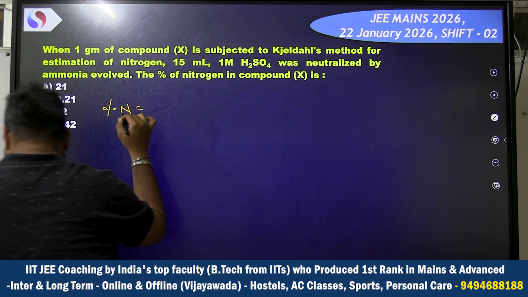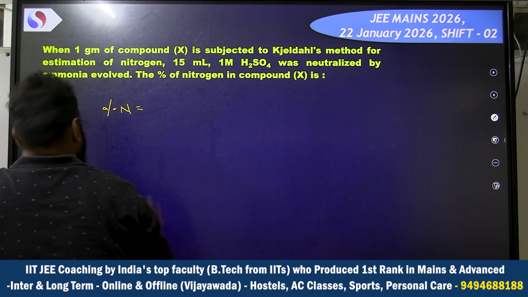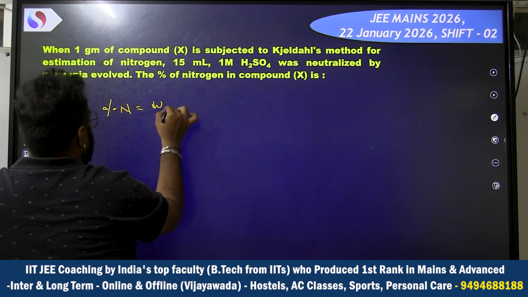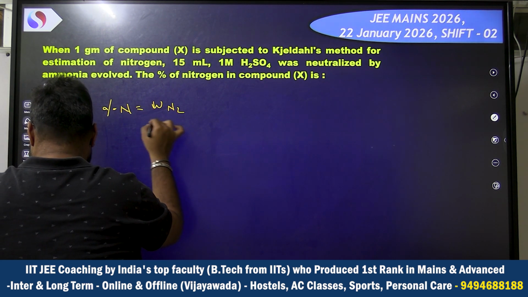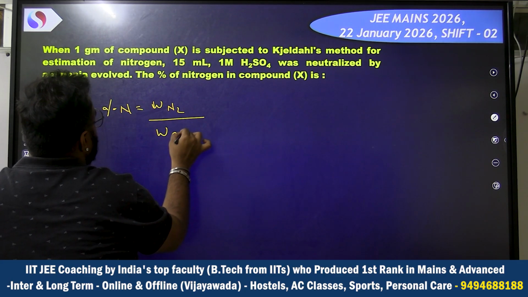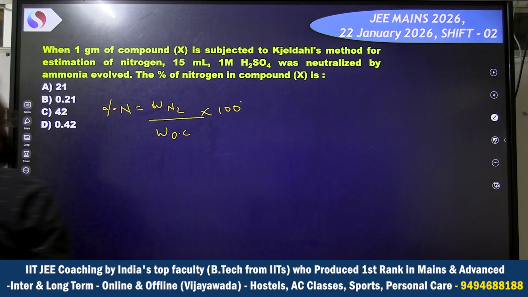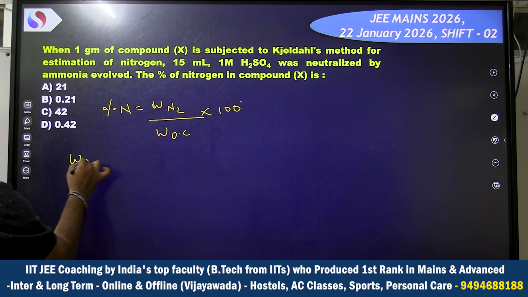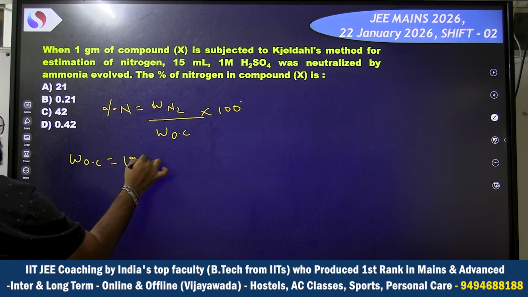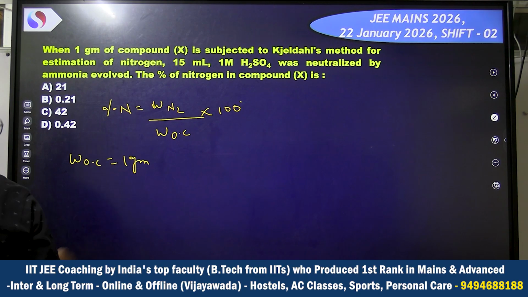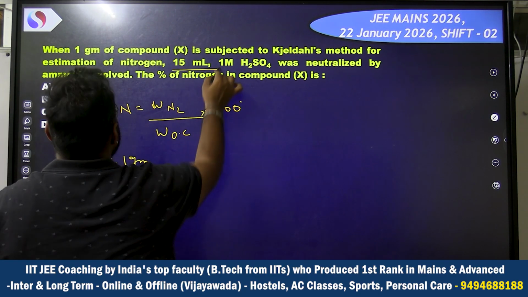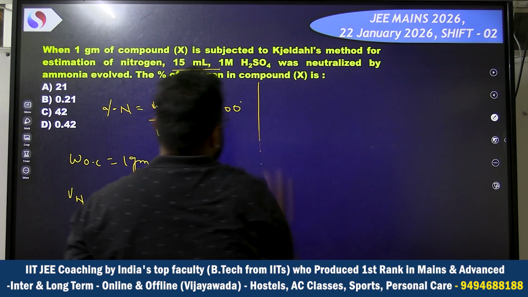Percentage nitrogen is equal to weight of nitrogen divided by weight of organic compound into 100. The weight of organic compound is given as 1 gram and the volume of acid is 15 ml.